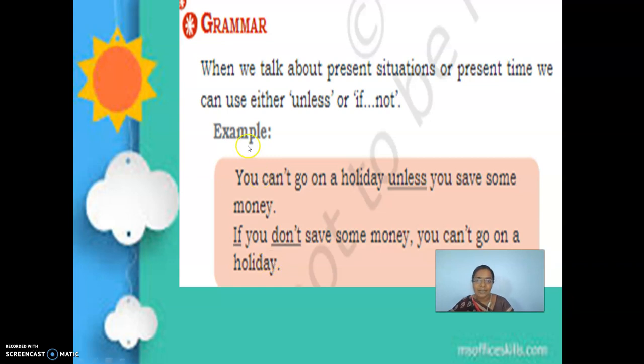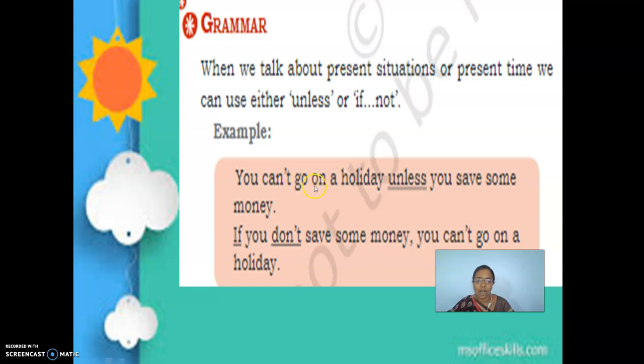Read the heading. When we talk about present situations or present time, we can either use unless or if not. As I told you, instead of if and not, we can use unless. Look at the example given for you in your workbook. You can't go on a holiday unless you save money.